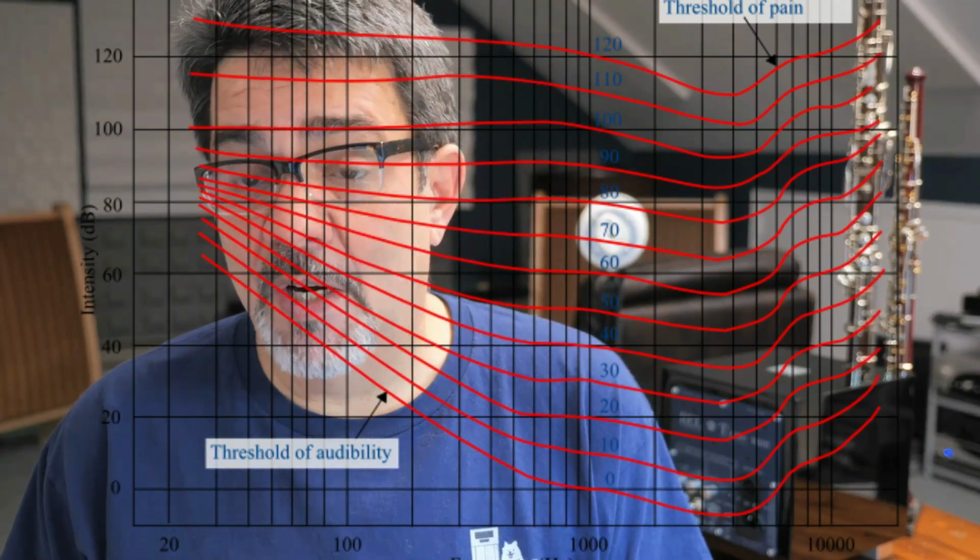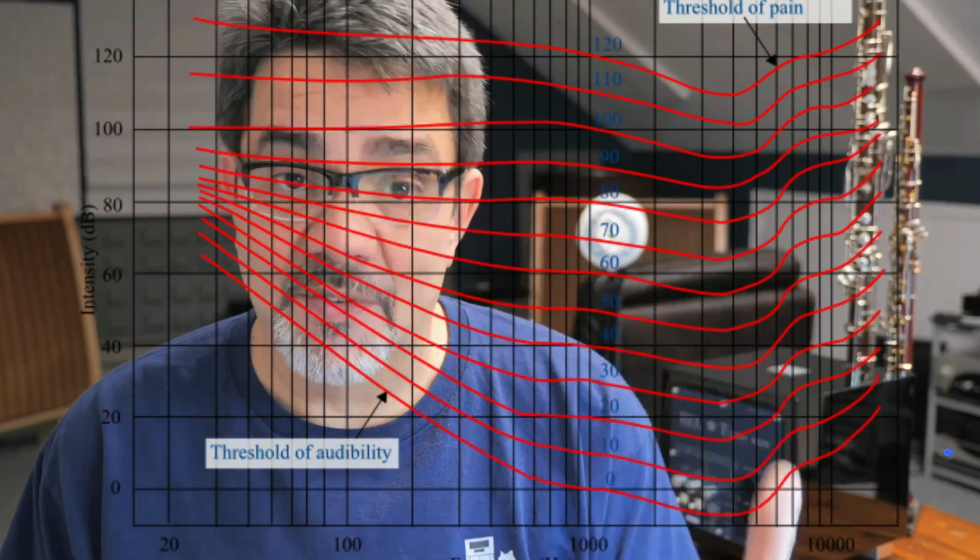It had more to do with the research of communications and telephones, submarine cables. But the isophonic curves are curves of sound in which you can calculate the frequency and intensity in decibels of two sounds so they can be perceived.